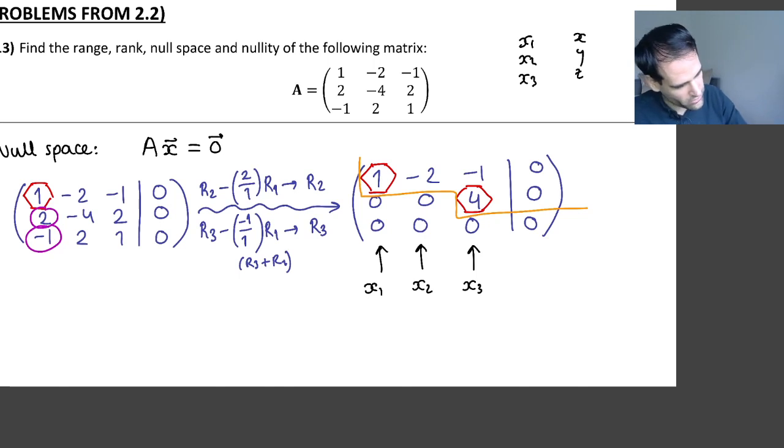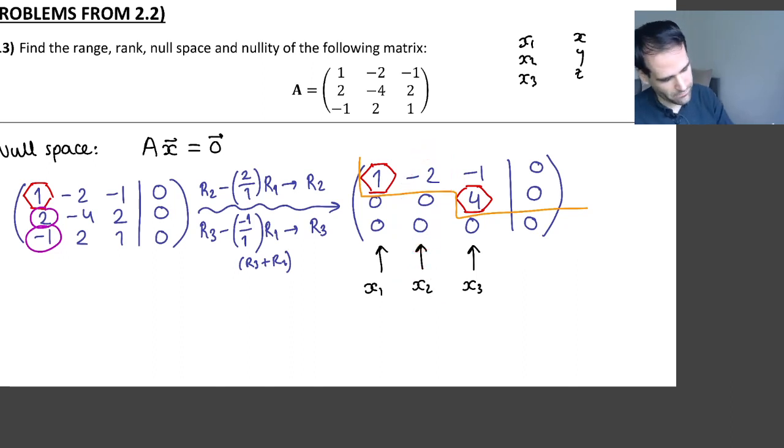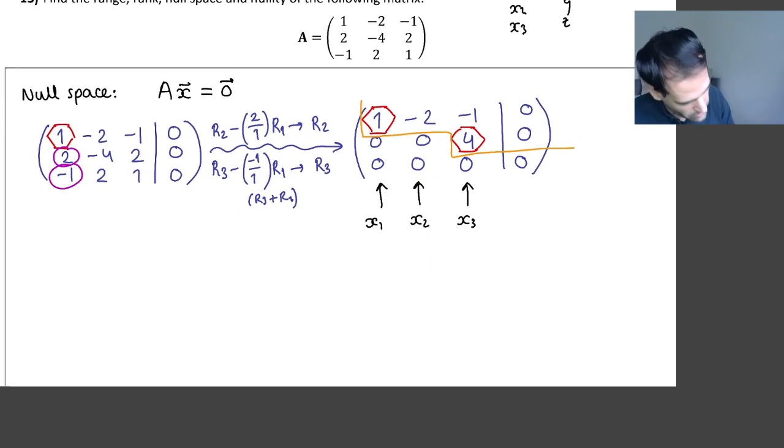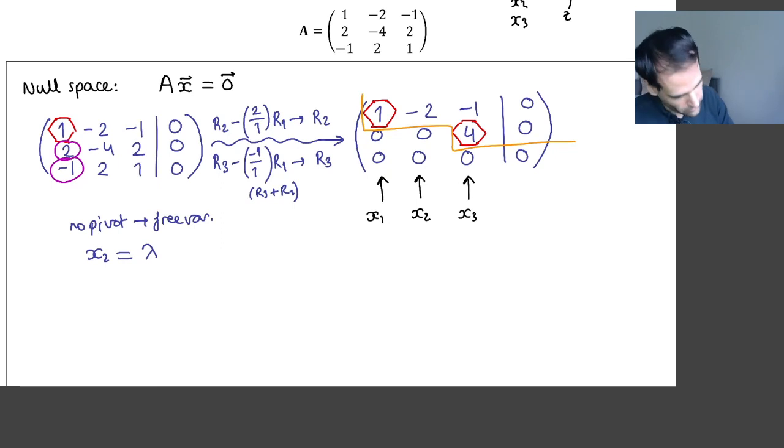This column doesn't have a pivot, therefore x2 is a free variable. Okay? So we do x2 equals lambda. No pivot, free variable. So x2 equals lambda. And now we do back substitution. So from row 3, 0 equals 0. There's nothing to do there.